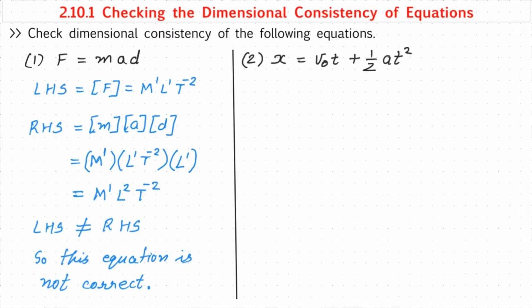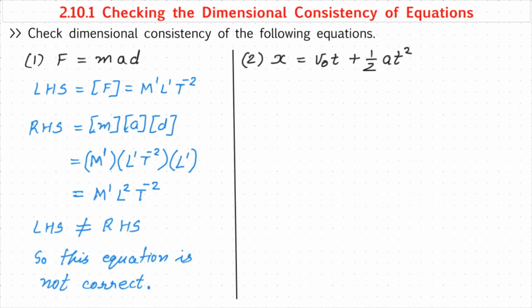We have to check the dimensional consistency of the left side with right side 1 and right side 2 both. Means here we should get left hand side is equal to right hand side 1 is equal to right hand side 2 as well. If any of these conditions is not followed, then this equation will be wrong.